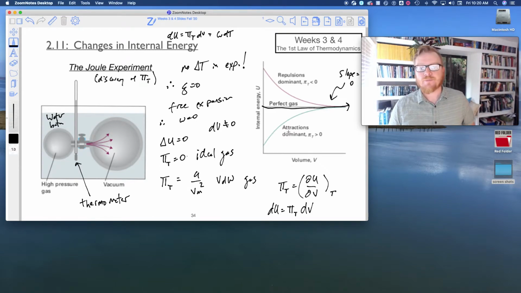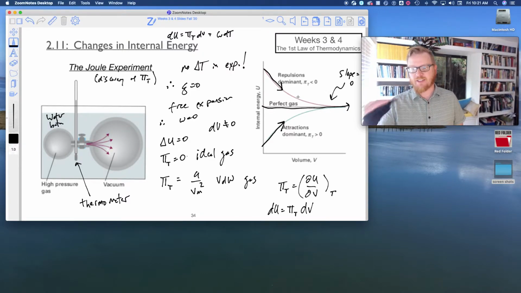However, if we're in a regime where Pi_T is greater than 0, we have to think about why a positive slope would lead to attractions and why a negative slope would lead to repulsions. And you have to consider what's happening as a result of the change. So let's play with these repulsions. If Pi_T is negative, it's an indication that repulsive forces are dominant.